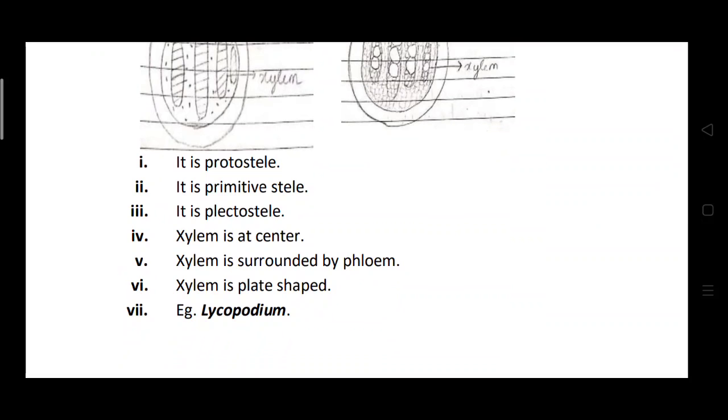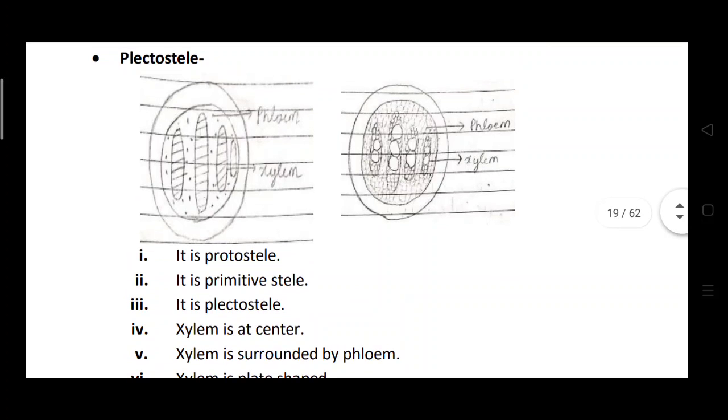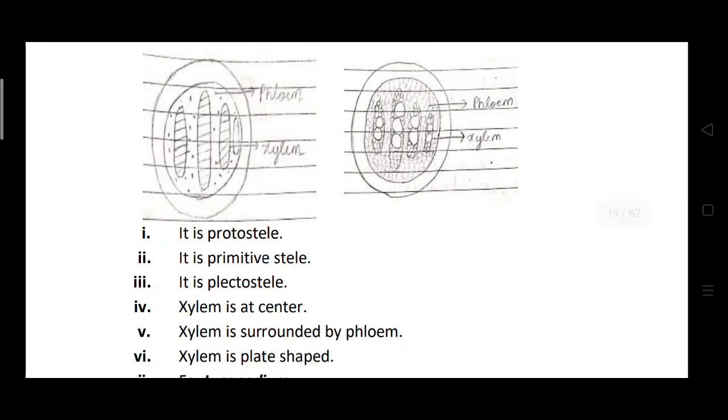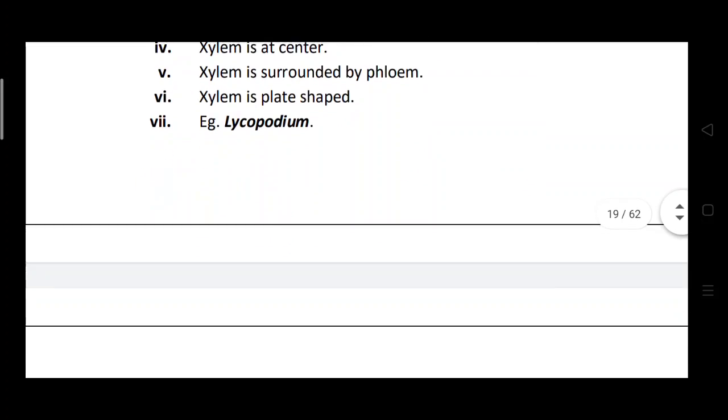That's why the name plectostele was given. Its example is Lycopodium. In the figure we observe the plate-like xylem present in the center and surrounded by the phloem.